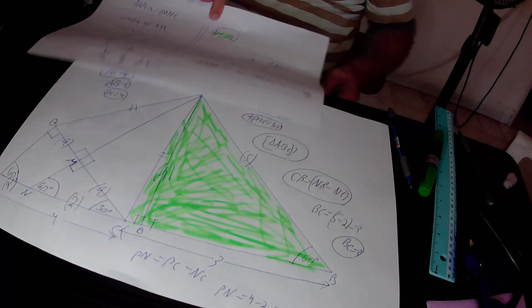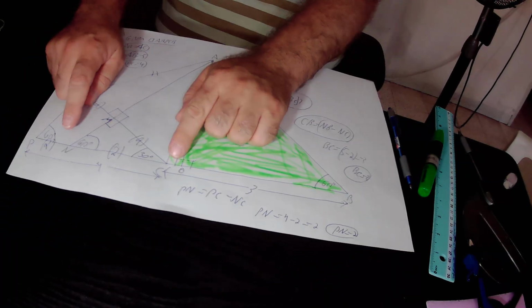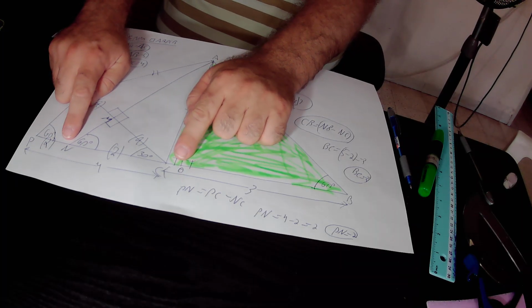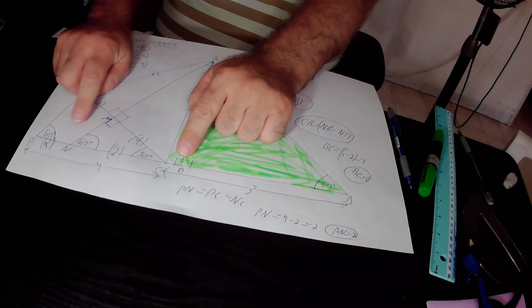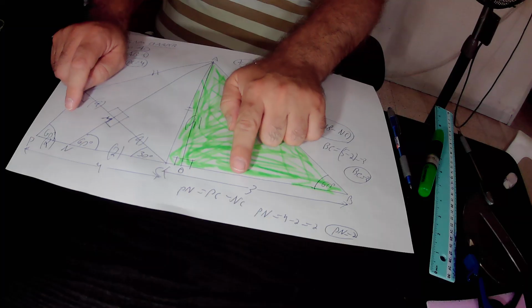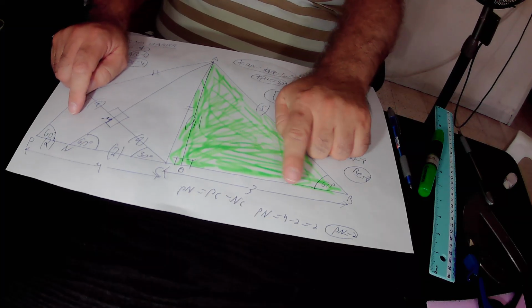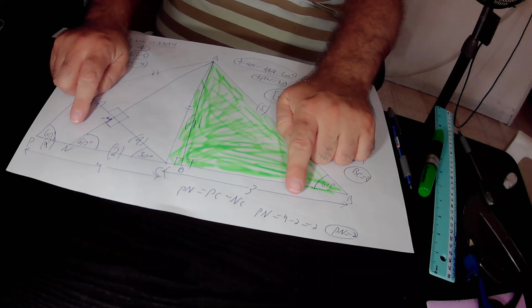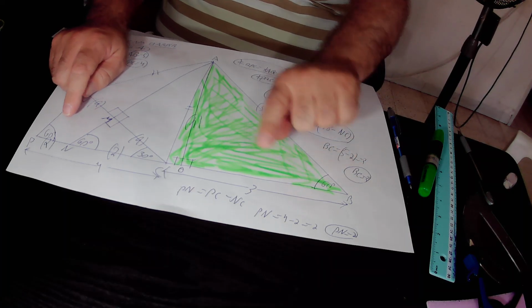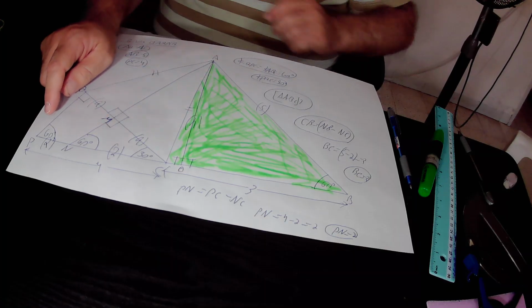So the missing side NC equals 2 units. So PN must be equal to PC minus NC. PN equals PC, that is 4, minus NC, that is 2. So PN equals 4 minus 2, that is 2. So PN equals 2 units.